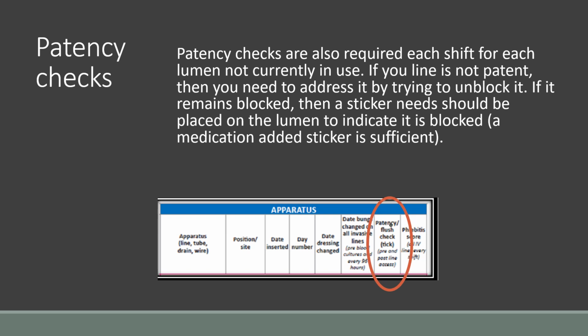But also it keeps the flow through that line, keeps it patent, and also reduces the chance of infection with the turbulent flush. So please document this every time you access and you check the patency, or you aspirate and flush each of the lines that you don't have any infusions running through.